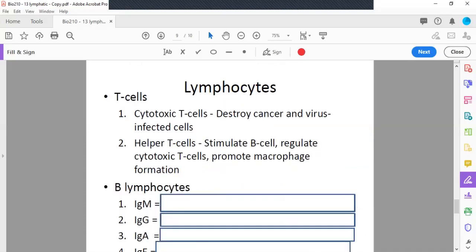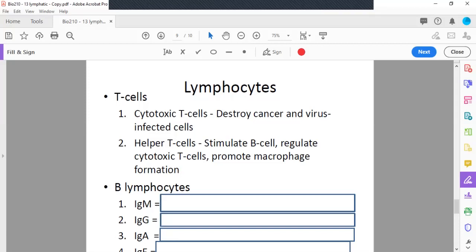Okay, since we have talked about the different types of immunity, let's talk about the lymphocytes involved. The lymphocytes I want you to know are T lymphocytes and B lymphocytes. For the scope of this class, I'm going to mention two different types of T lymphocytes.